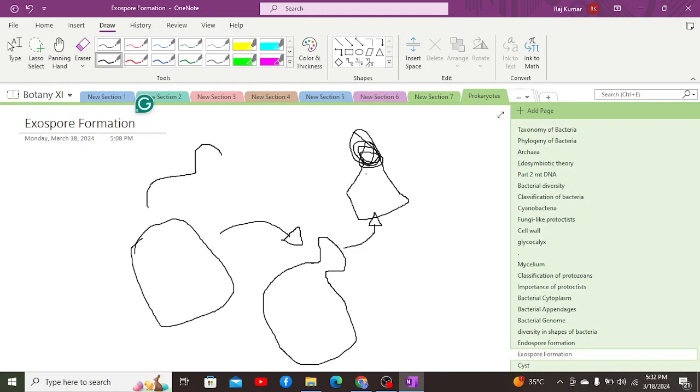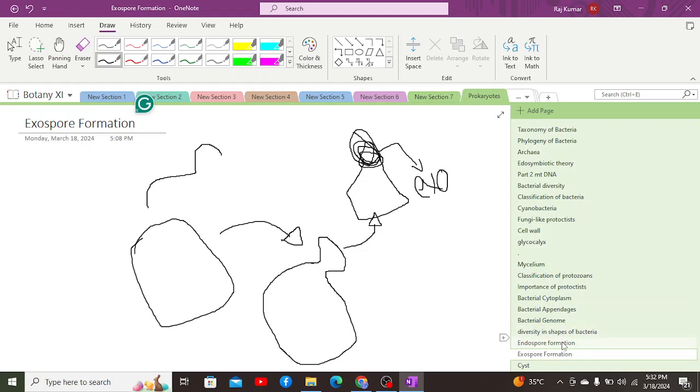So the structure here is considered as exospore. I've just tried to draw the rough structure, and that exospore will become matured upon the lysis of the rest of the bacterial cell and cell wall. Exospore forming bacteria include examples such as Streptomycetes and Actinomycetes.